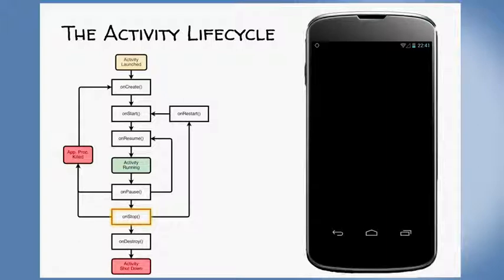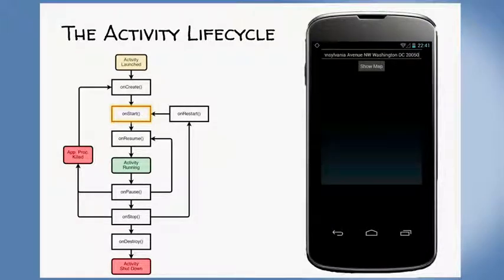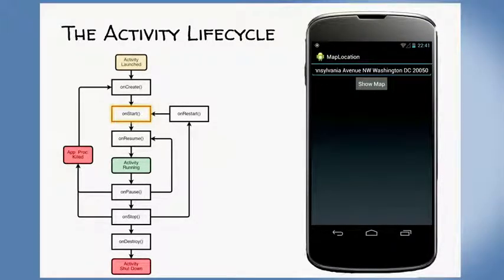At this point, map location must be brought back into the foreground. So as Android does this, it will first call onRestart, and then onStart, and soon after this, map location will again be visible. Next, Android will call map location's onResume method, soon after which the map location activity will be both visible and ready for user interaction.